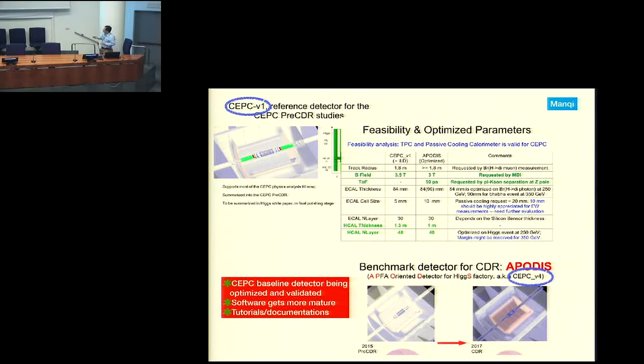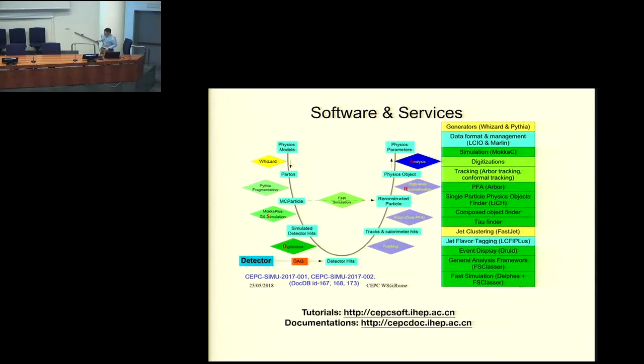So this design has been optimized and validated. Our software tools get more mature for the detector optimization and analysis. And we also prepared a lot of tutorials and documentation for newcomers. This is a screenshot of our software website.